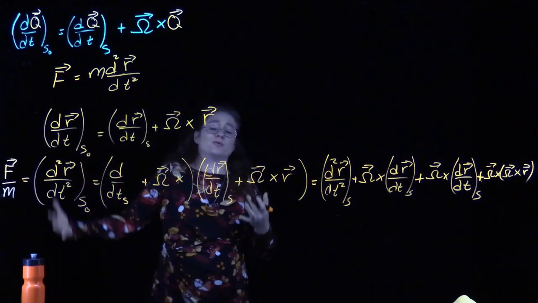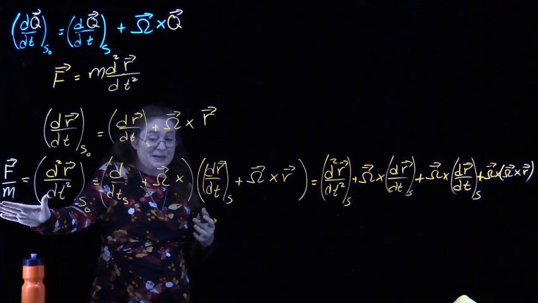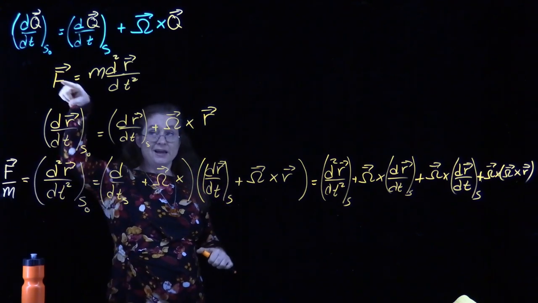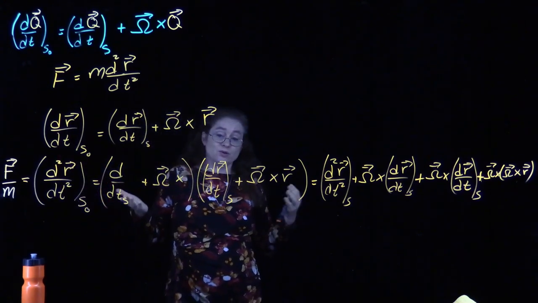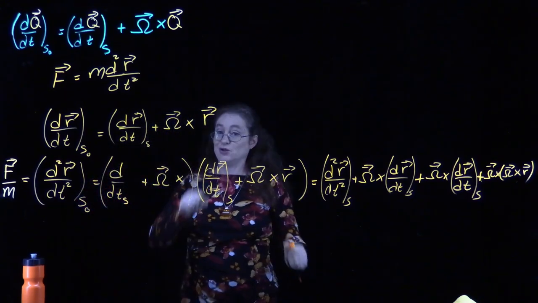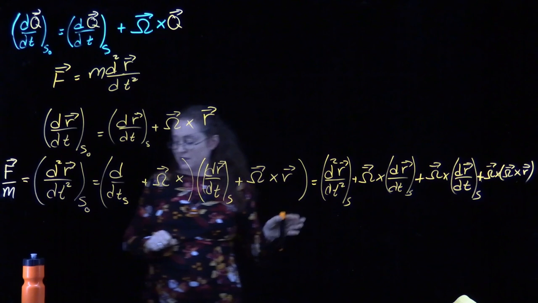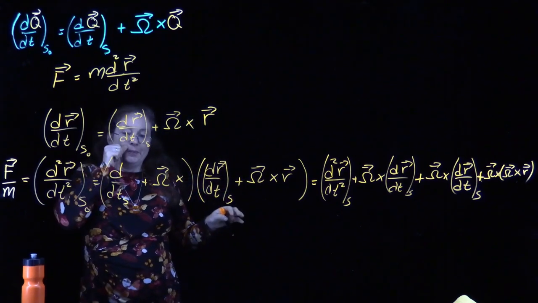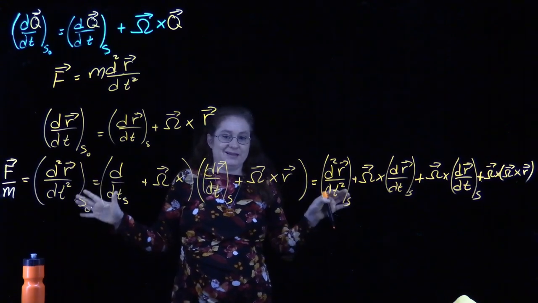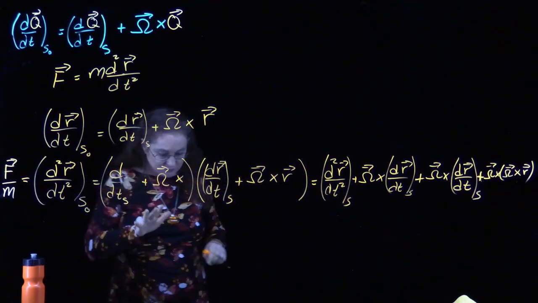I'm going to multiply through by the mass later, but let me just pin that down. I'm going to write this as force divided by the mass. And if you do a free body diagram in the Earth's reference frame, that's also telling you the forces in the inertial reference frame.